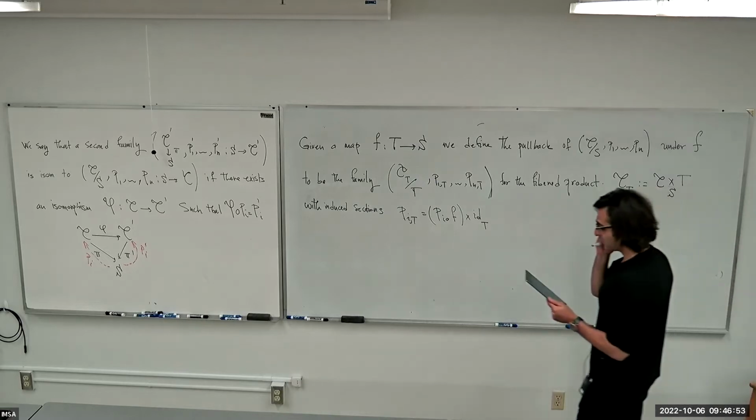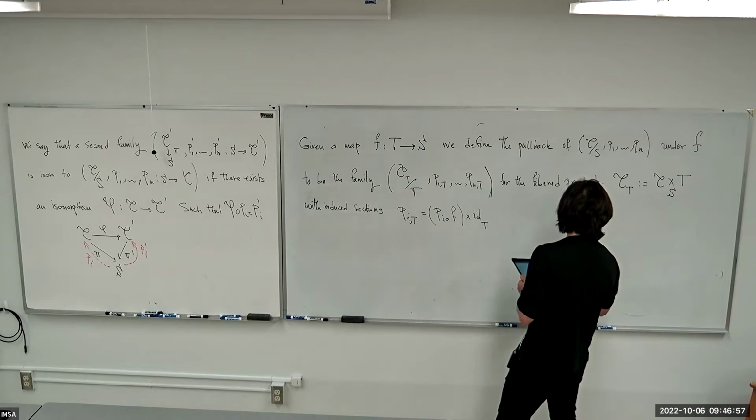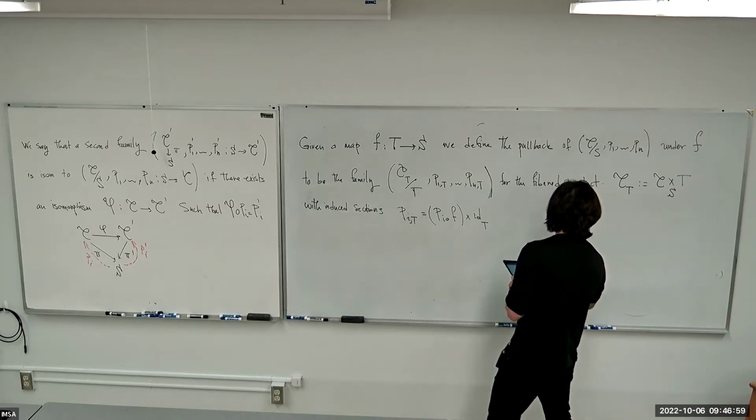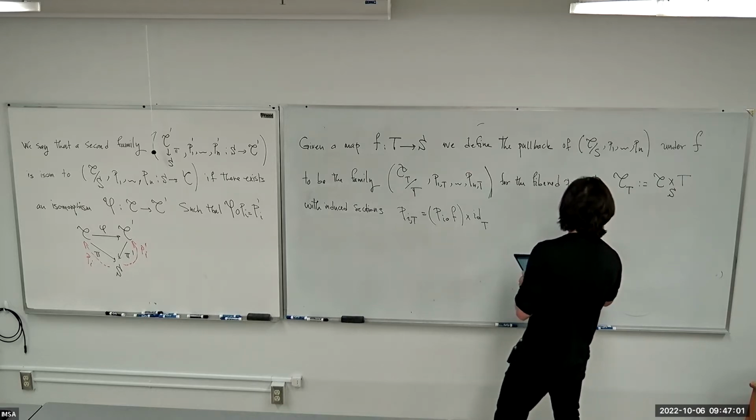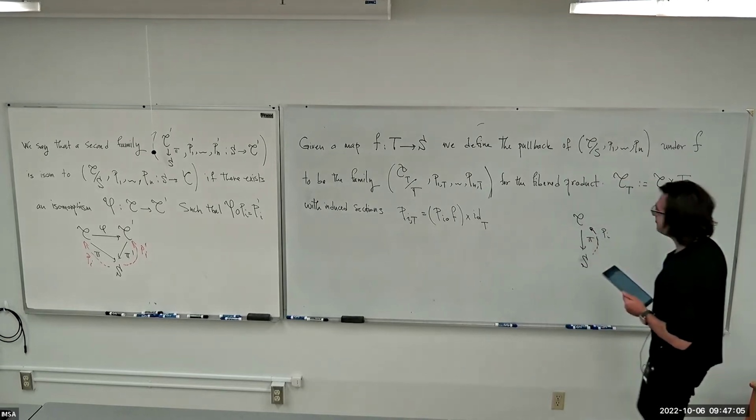Okay, so what's the picture in here? You have C, your original family, over S, that's pi, and then your Pi's are sections of this family.